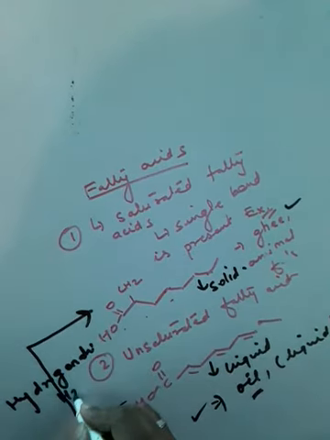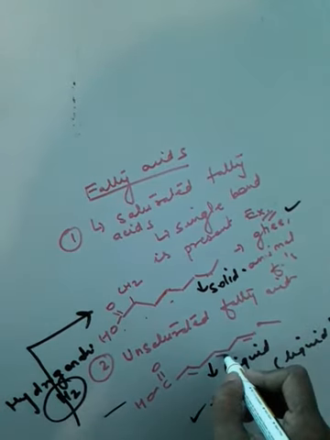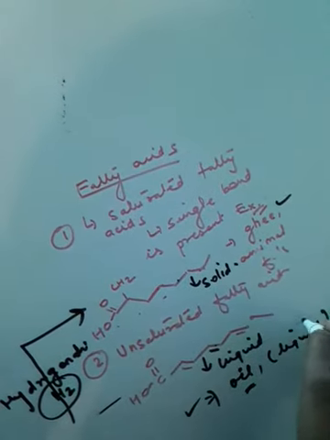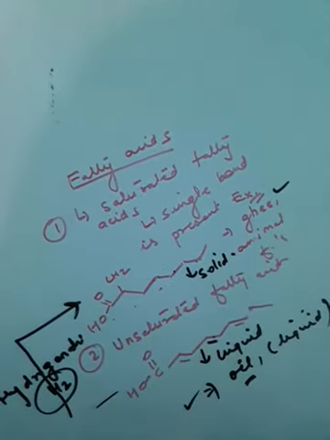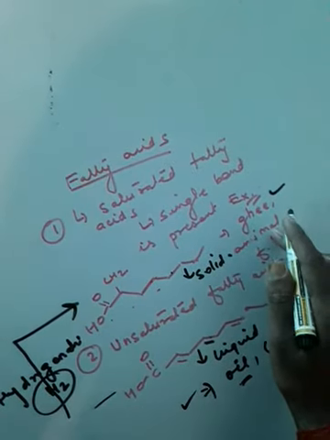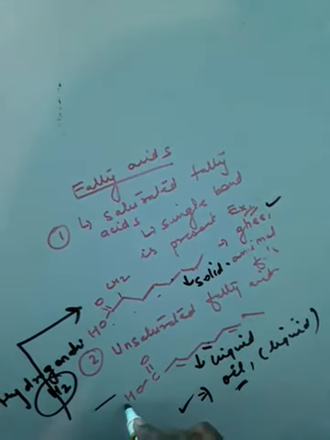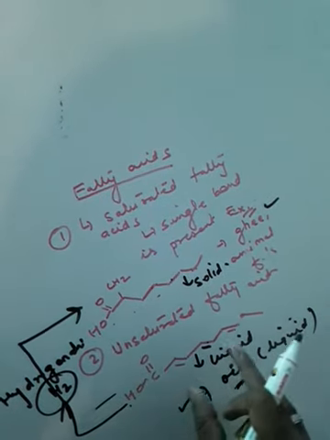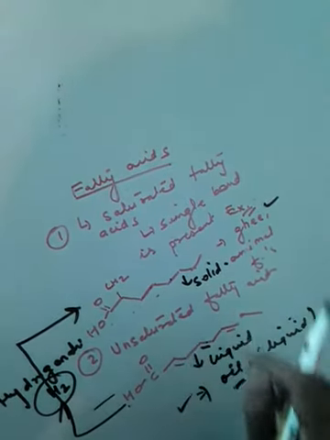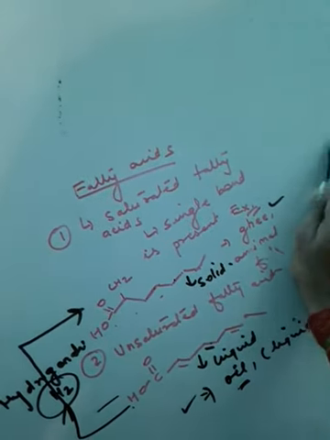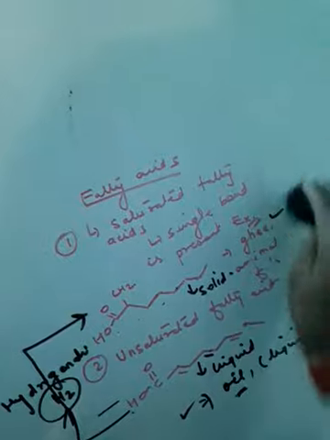In hydrogenation, hydrogen is attached to the double bond and it is converted to a single bond, and the nature changes to solid. So if you want to convert oil into ghee, you carry out hydrogenation, and it is easily converted from liquid to solid form. So that is all about fatty acids.